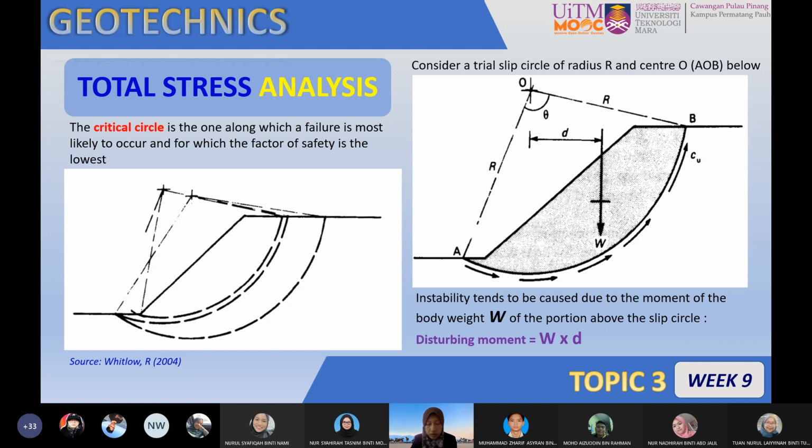Instability tends to be caused by the moment of the body weight W of the portion above the slip circle. As in the previous slide, this is the body weight of the slope, W. Along the slip circle arc OAB, there is a restoring force coming from the strength of the soil Cu and the length of the arc, which is r theta.